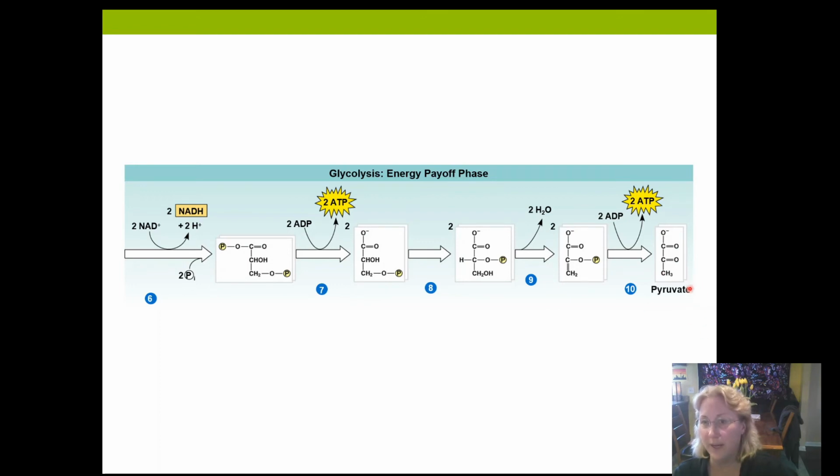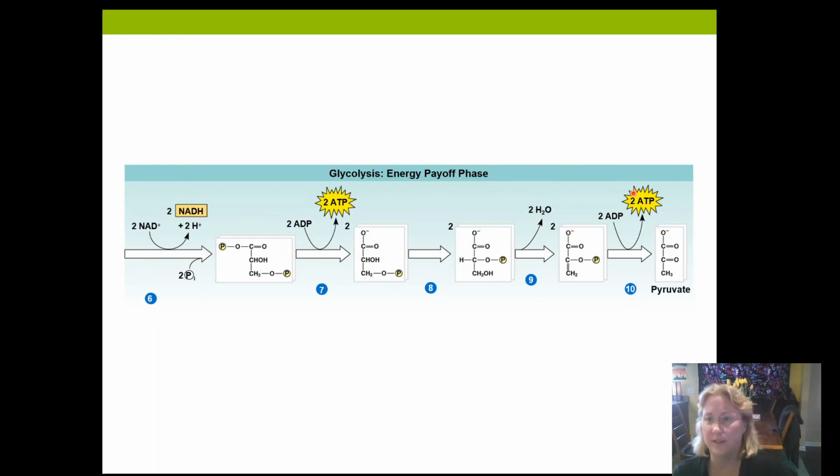Here's pyruvate way down here. So there's a total of 10 enzymatically catalyzed reactions in glycolysis. This process that we think of as kind of a simple part at the beginning of cellular respiration, of just splitting glucose into 2 pyruvates, it's actually quite a complicated process that uses 10 different enzymes.